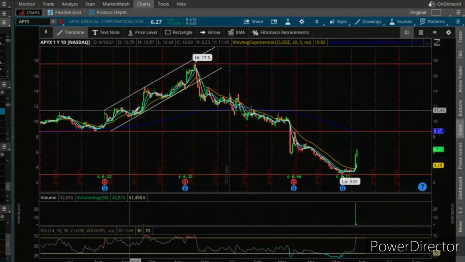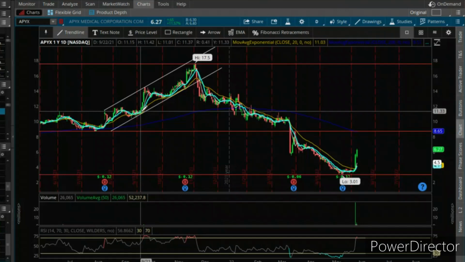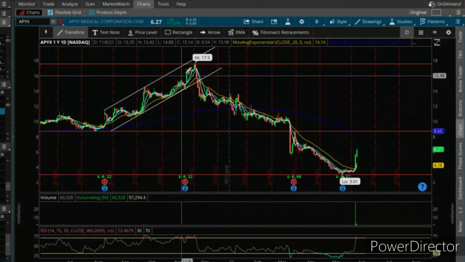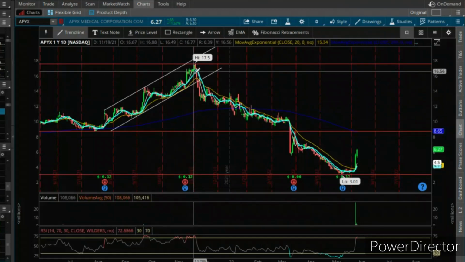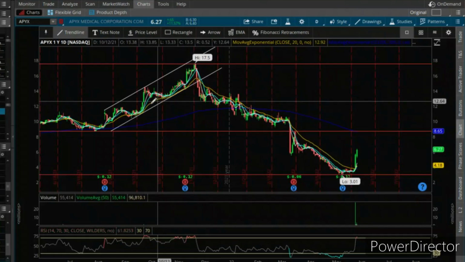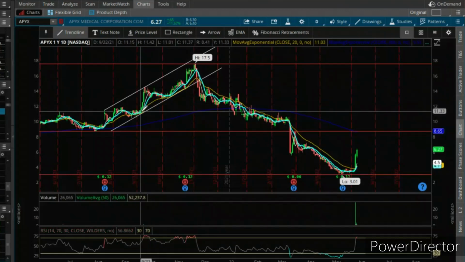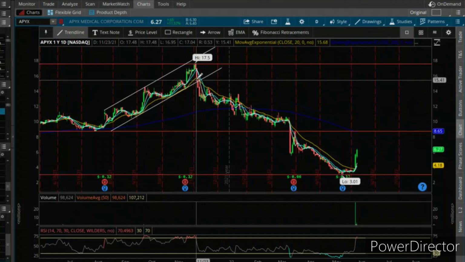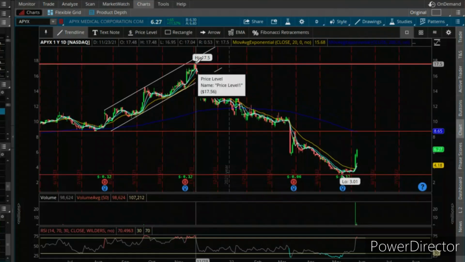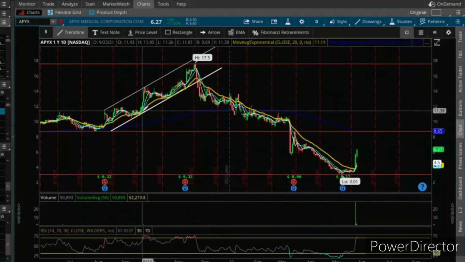So if you were to buy here, you could have sold at the top of this channel until it broke through. So if you bought here at 1133, you could have sold at 1551, or even at the top of the resistance line at 1750. So what is that?